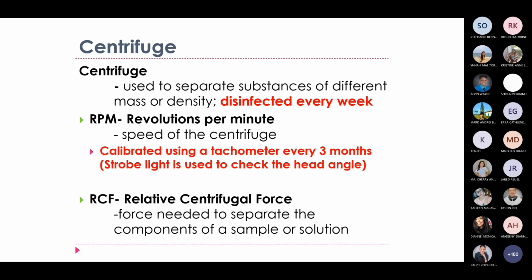And syempre, dapat nakakalibrate siya every quarterly or every 3 months. Using what device? Using tachometer with strobe light. Para saan yung strobe light? This is used to check the head angle.